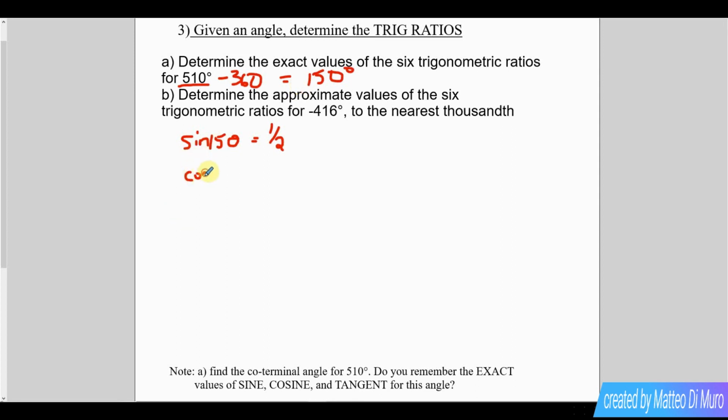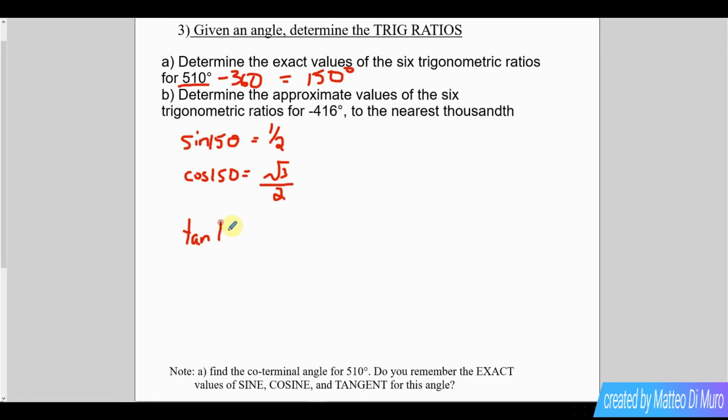So cos 150, again, that would have been a value that you would have memorized. You're going to memorize the exact value, so I'm going to write square root 3 over 2 today. And in the future, we're going to be doing this in radians, and this value of a half and square root 3 over 2, those are going to come back. Those are going to become very familiar to us.